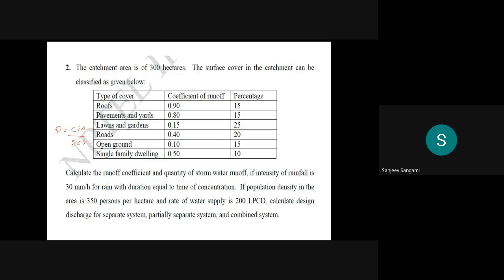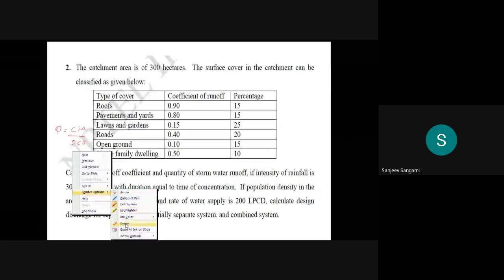In the similar kind of problem, he has not changed some of the data. Whatever you are observing in the table, the type of cover, coefficient of runoff, and the percentage, it has appeared the same.